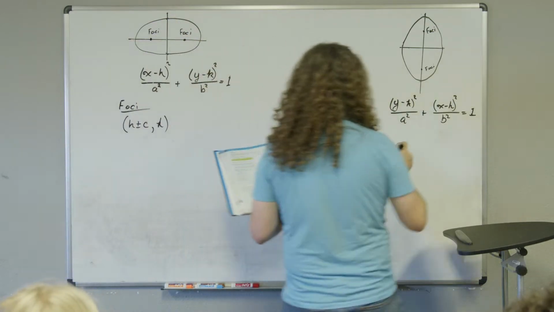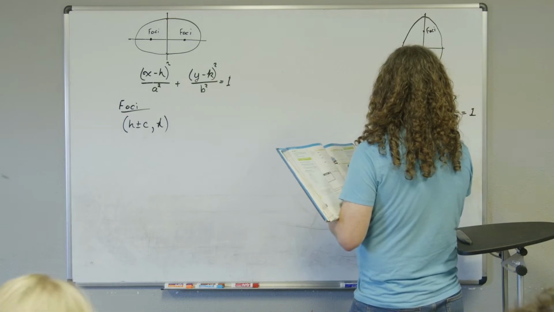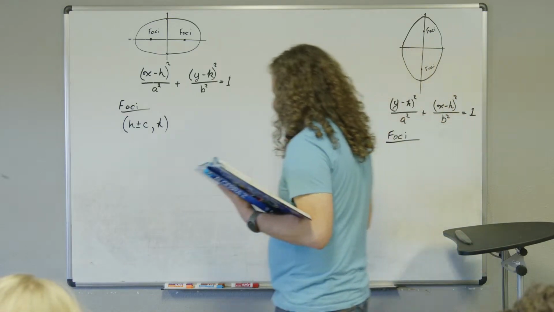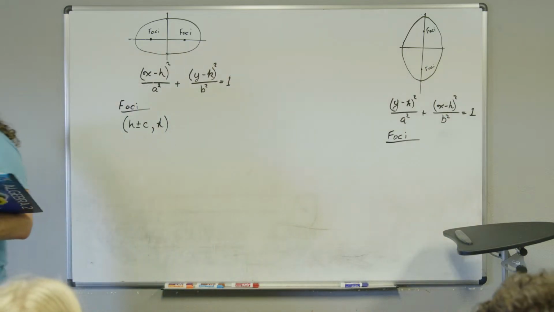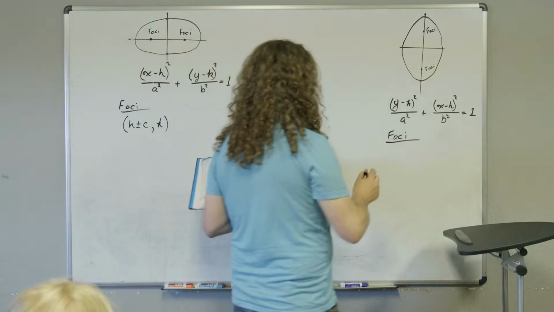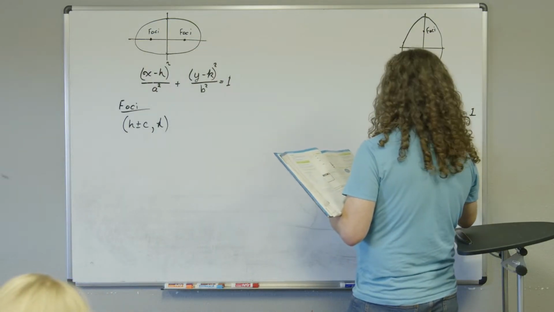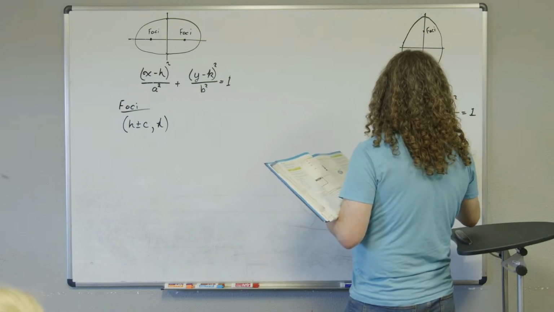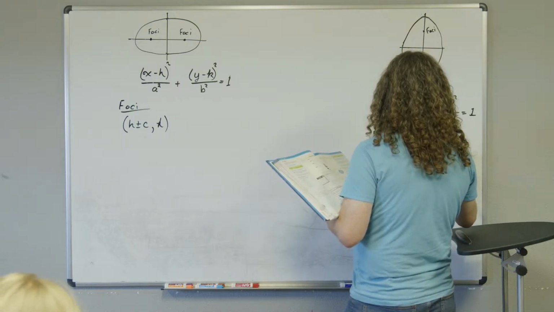To find the foci on this one, what would you do? Same thing, but a little bit different. It's going to be k plus or minus c. The h is going to stay constant, and it's going to be k plus or minus c.